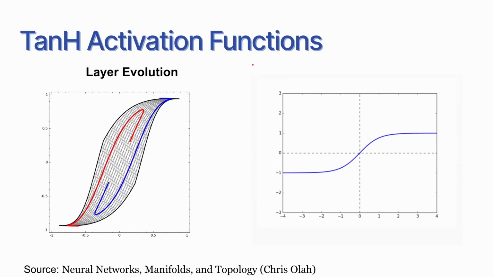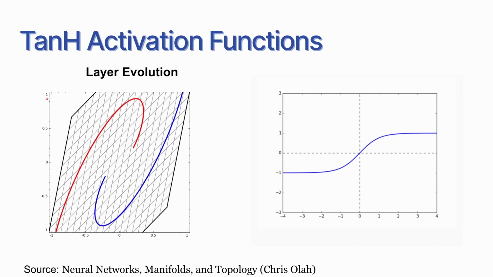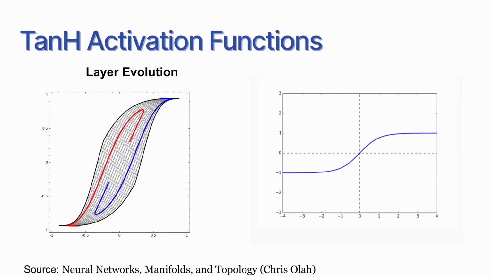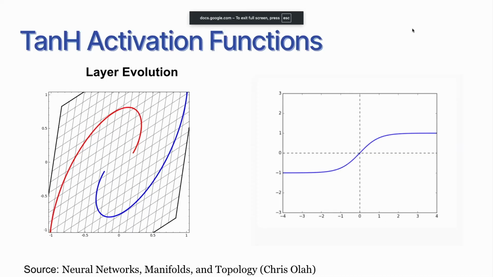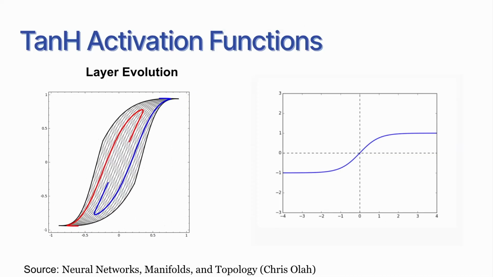Let me just write this down. Bounds are -1 and 1. So what do we think our tanh activation function is doing? I wish I figured out how to make that GIF repeat.